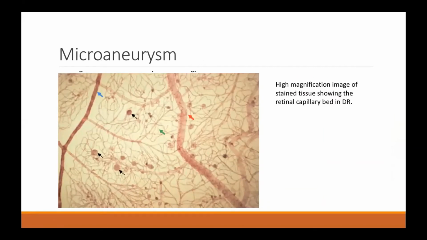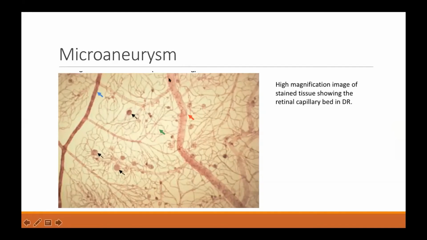This is a high magnification image of stained tissue showing the retinal capillary bed. You've got the little microaneurysms seen in the little black arrows. You've got one there, one there. All these little round circular red regions are your microaneurysms, and that's actually the earliest visible sign of diabetic retinopathy.